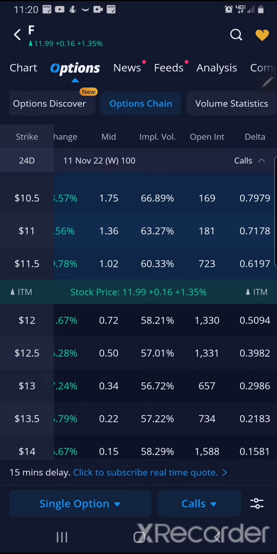I was expecting the CPI numbers to come out, and I expected Carvana to drop. Well, it did drop. The CPI numbers came out, and Carvana dropped 10%. However, my option did not drop quite as much as I had hoped. I'd only gained 5% because the price of Carvana dropped.